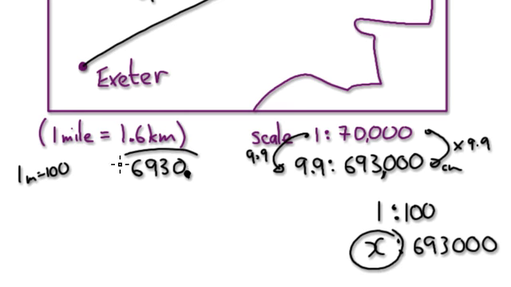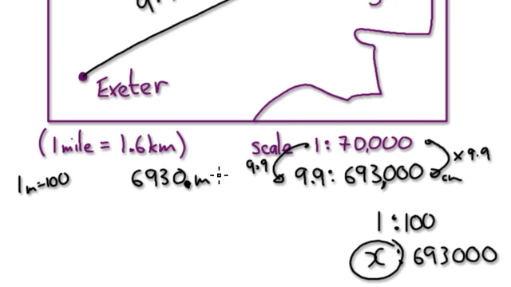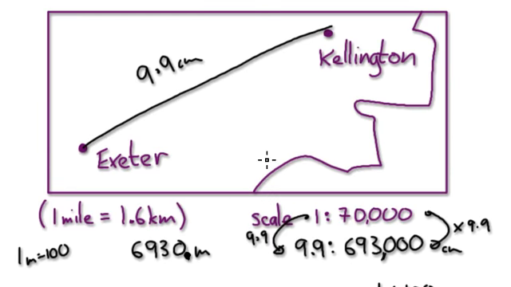Well, this x here is this. So now this here is in meters. At the moment the distance between Killington and Exeter is 6,930 meters.